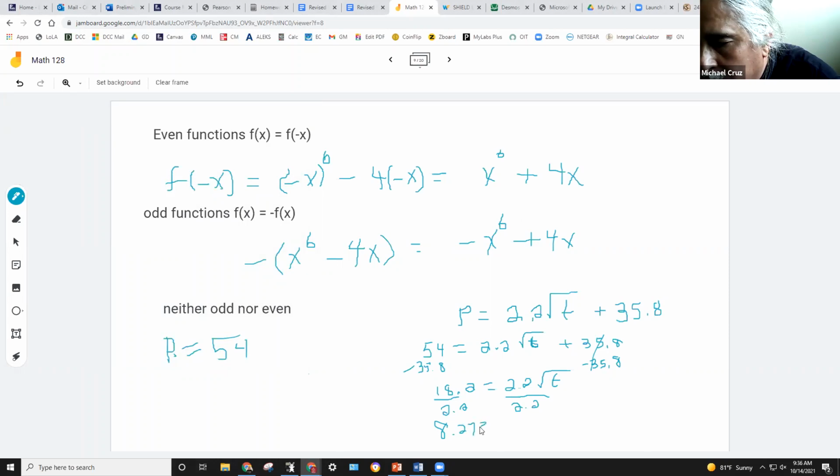And I'm just going to stop right there. All right. So how do we solve for T? Well, we got to square both sides. Square both sides to get the T out.